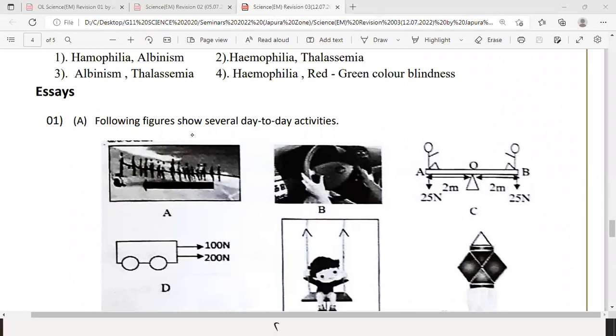Force into the perpendicular distance between the lines of action of two forces. Right. So you get 100 Newton meter. You get the perpendicular distance between these two, the perpendicular distance between the lines of action of two forces, if it is a couple of forces.